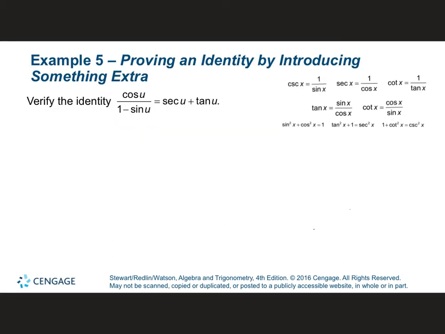For example 5, we're told to verify the identity of cosine u over 1 minus sine u is equal to secant u plus tangent u. Now, if I look at this, my left-hand side is already in terms of sine and cosine. My right-hand side is not. So I'm going to work with that right-hand side first before I do anything else.